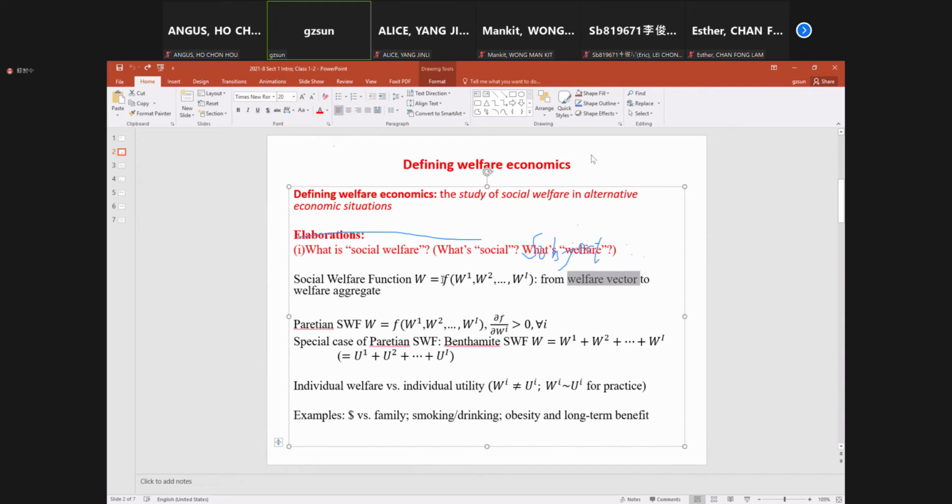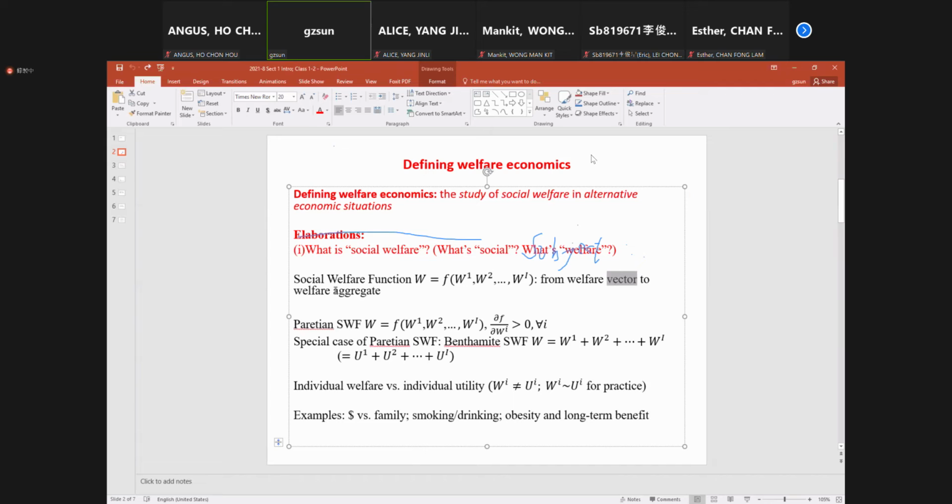You know, if we have 1 million people, everybody has welfare. So therefore, for each individual, we give a sort of number to measure how well that person feels. So therefore, we have a 1 million dimension vector. This is a very big vector. We aggregate such vectors into a single number.